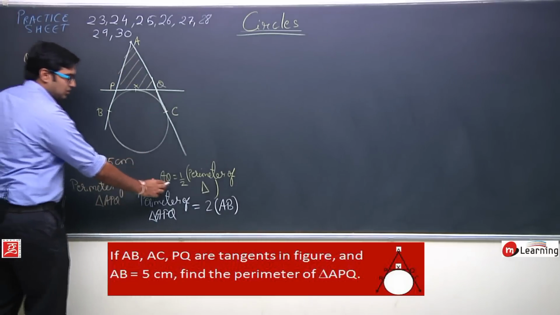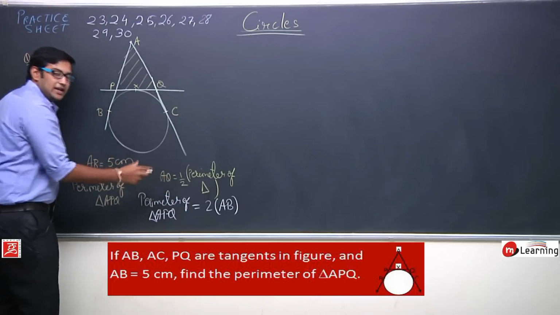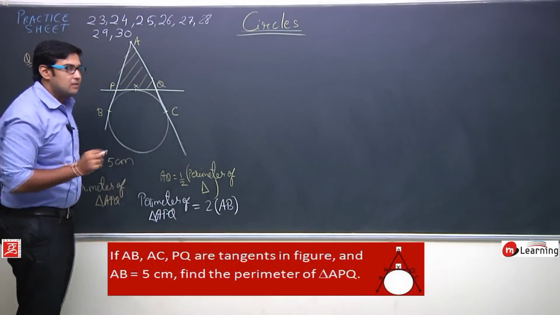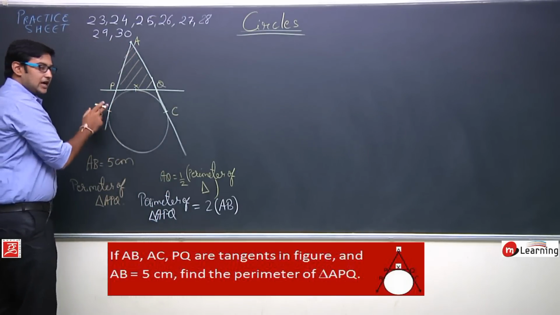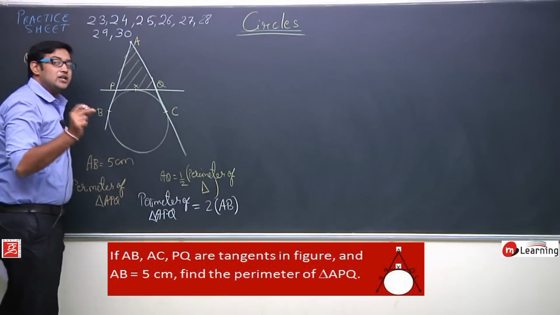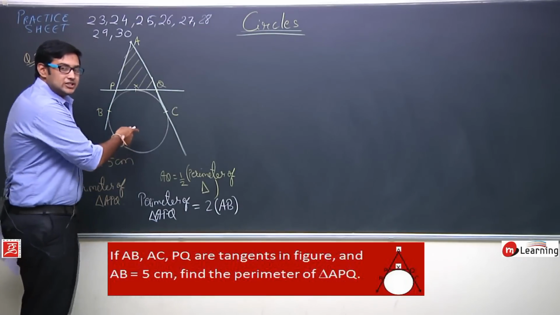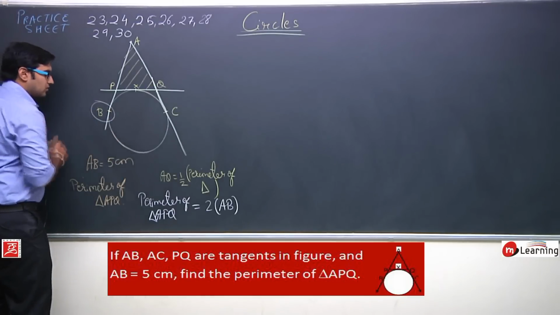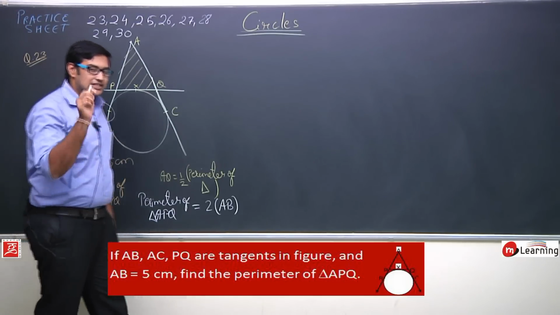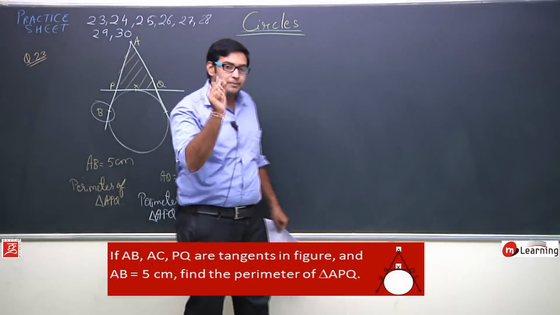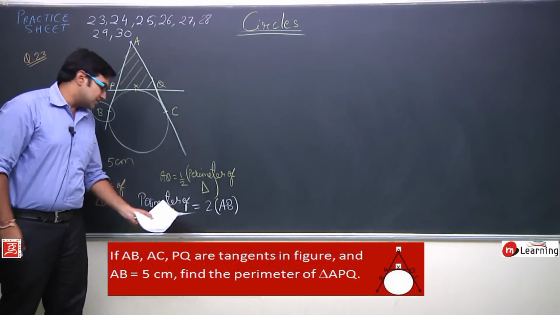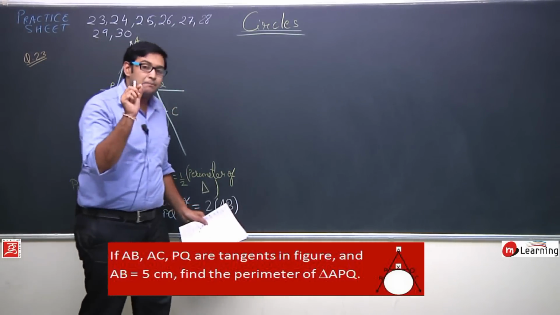Why AB? Because you remember AQ is a tangent to the circle from an external point A, which touches the circle at point Q. But in this question that Q point is replaced with B point, the point of contact of the circle and the tangent. That's why I have written perimeter of triangle APQ is equal to 2 times AB.